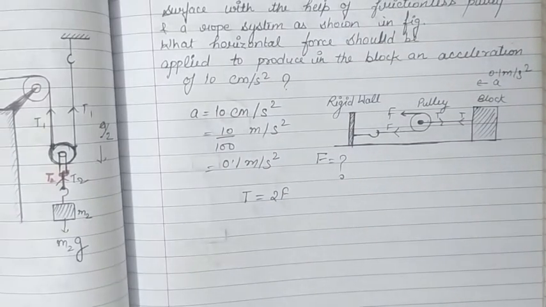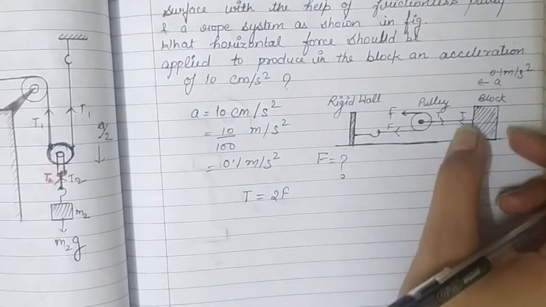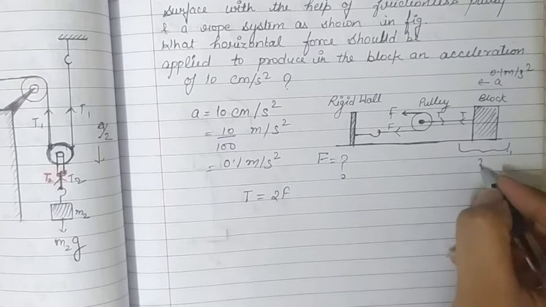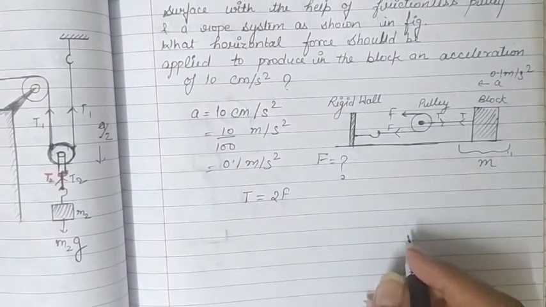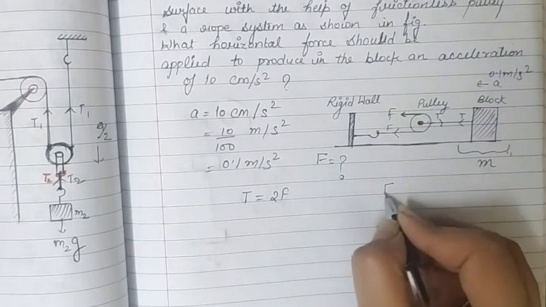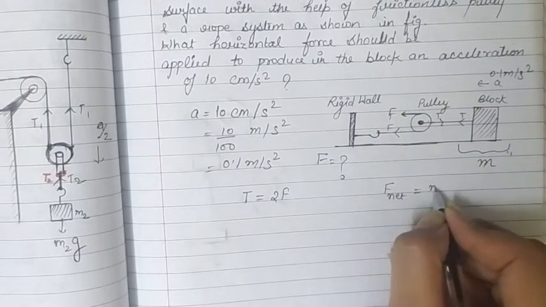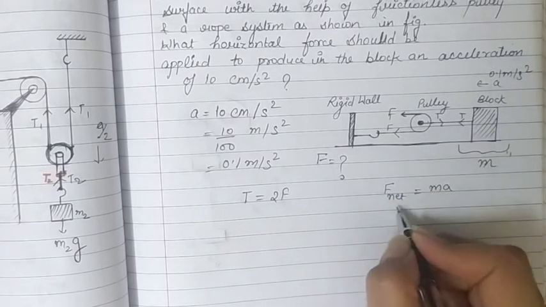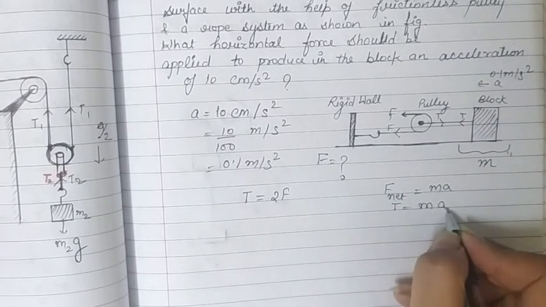And if we write the force equation for this block of mass m, although the mass is given, I am taking it as m. So for this block of mass m, the net force will be ma, which is equal to T, because the only force acting here is T. That means T is equal to ma, but T is also equal to 2F.